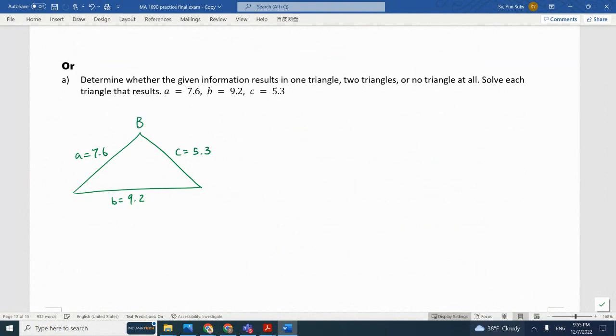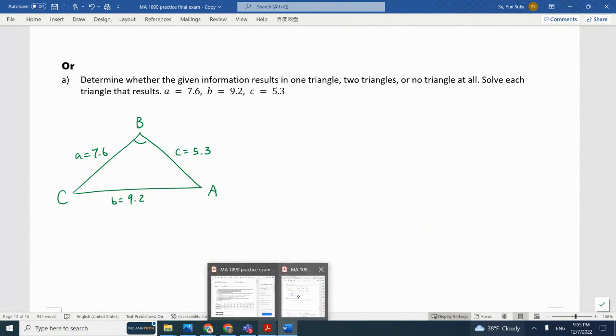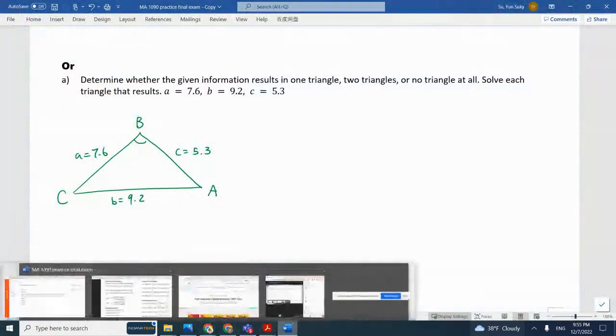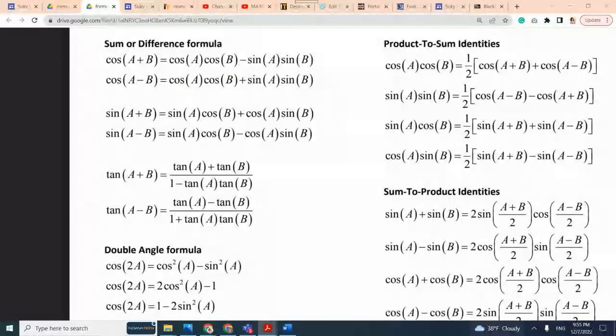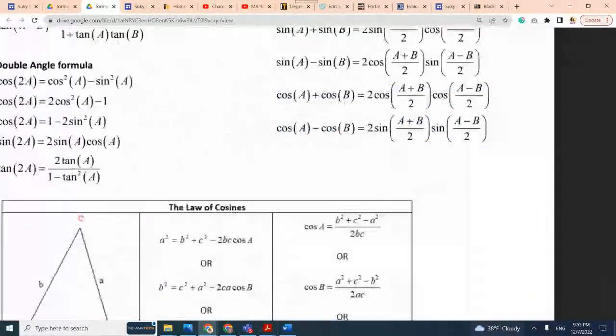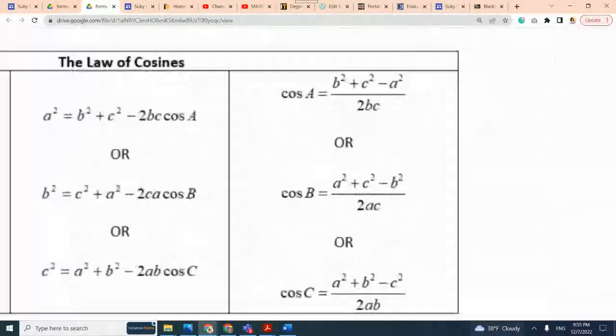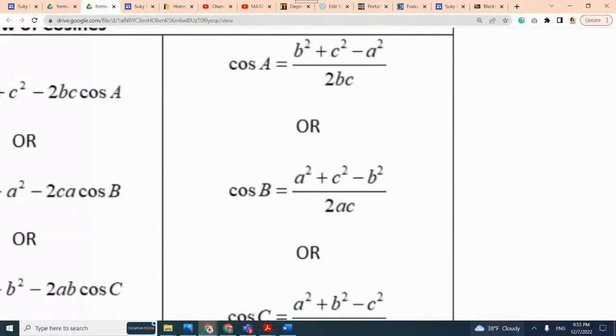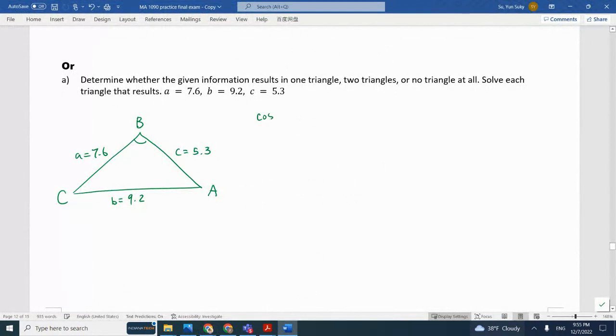So this is angle B, C, and A. You see, angle B is the largest angle. So when we do the law of cosine, find angle B first. So we have law of cosine here. Find angle B. Cosine B is a squared plus c squared minus b squared over 2ac.